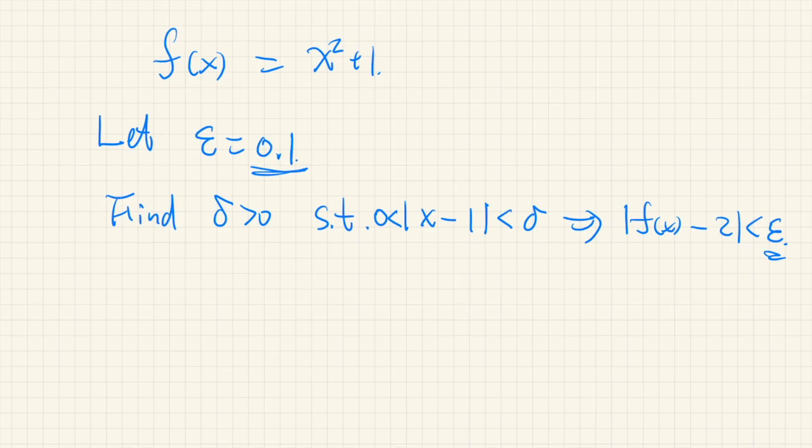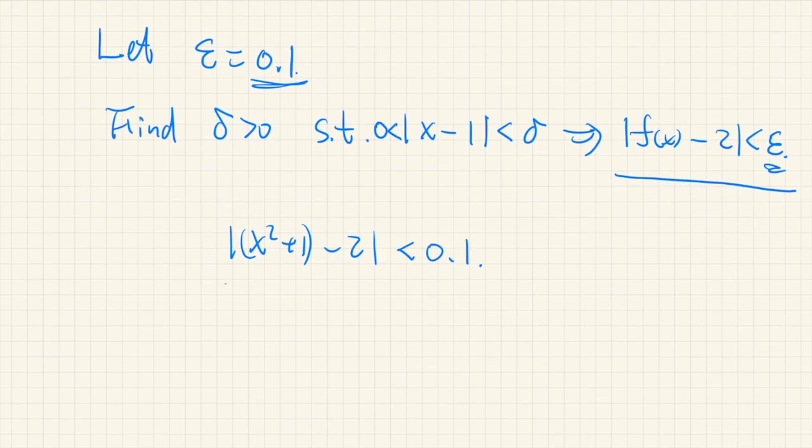To begin with, let's suppose this holds. So we should have the absolute value of x squared plus 1 minus 2 be less than 0.1.